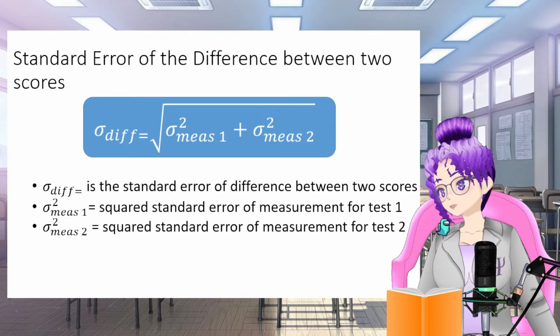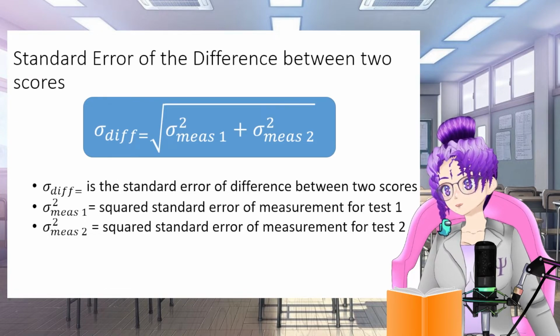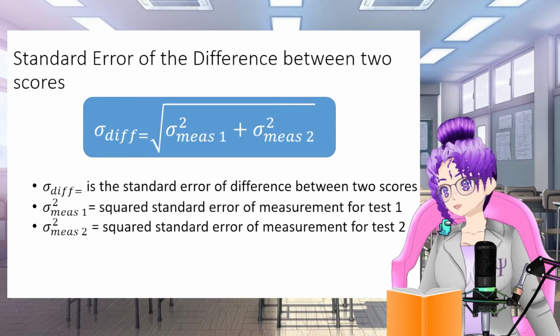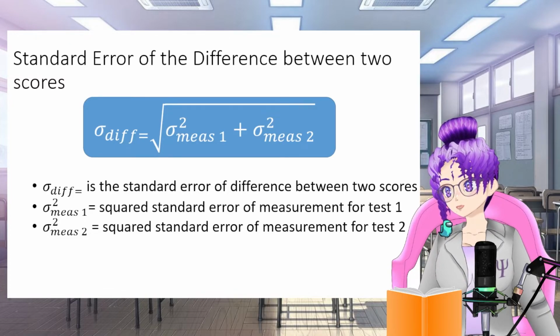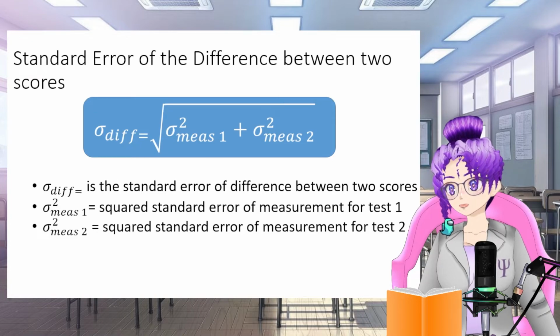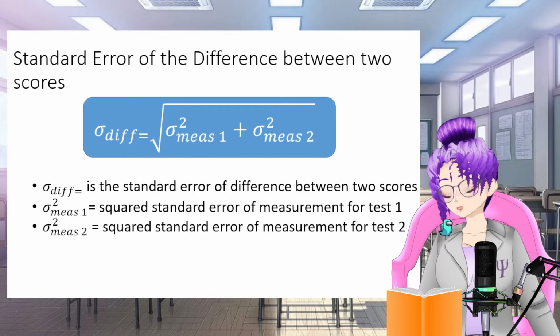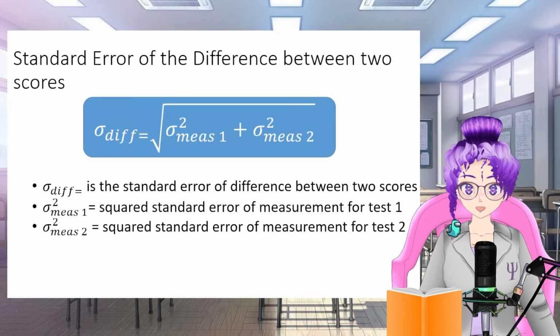Sigma difference is equal to the square root of sigma squared measure 1 plus sigma squared measure 2. Sigma difference is the standard error of difference between two scores. Sigma squared measure 1 is the squared standard error of measurement for test 1, and sigma squared measure 2 is the squared standard error of measurement for test 2.